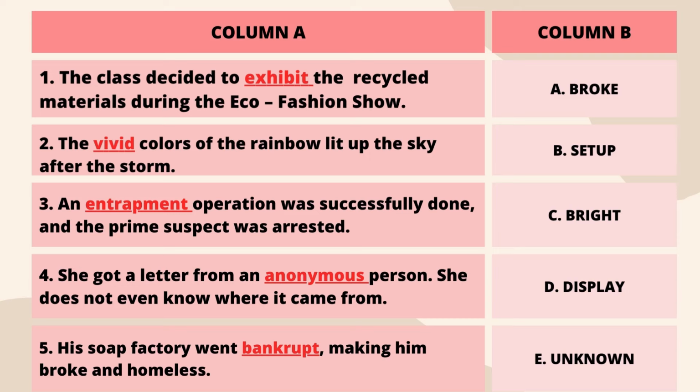She does not know where it came from. 5, his soap factory went bankrupt, making him broke and homeless. So the underlined words are number 1, exhibit, number 2, vivid, number 3, entrapment, number 4, anonymous, and number 5, bankrupt. In column B, the given choices are letter A, broke, letter B, set up, letter C, bright, letter D, display, and letter E, unknown.